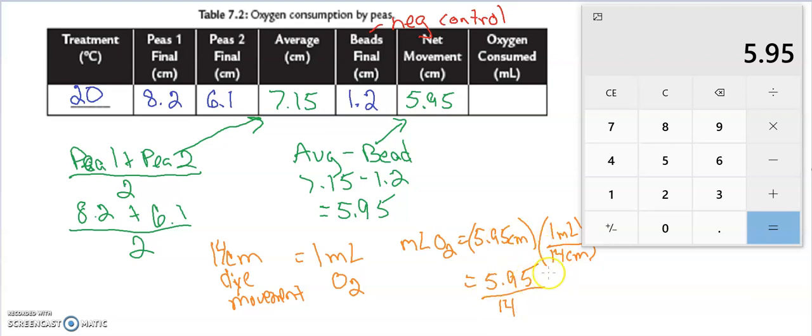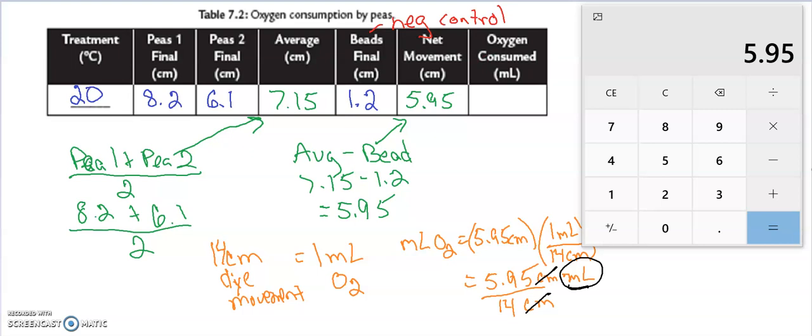So here's where you need to keep track of your units, right? So this is 5.95 centimeters times milliliters now, right? Because we multiplied it times 1. And this 14 is your centimeters. So the centimeters will cancel out, right? And we're left with the units of milliliters, which is important here because that's what we're actually trying to find up here for our table, right? We're trying to calculate into milliliters.